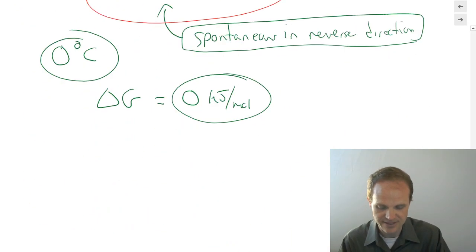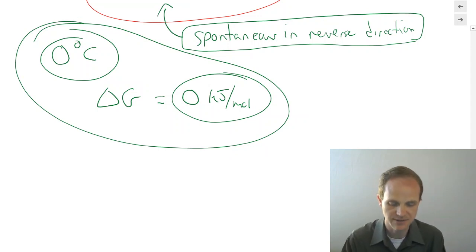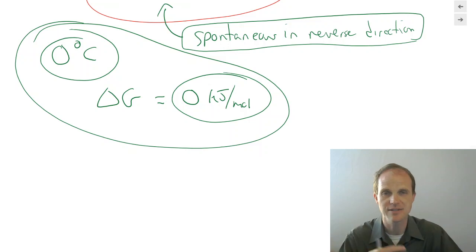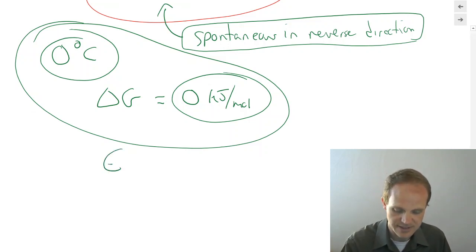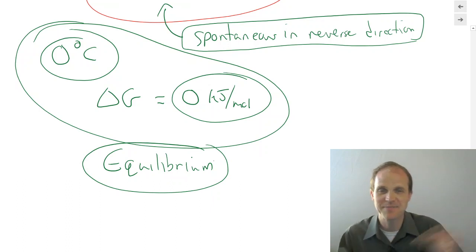What about this 0 degrees Celsius? The 0 degrees Celsius and saying delta G is 0, what does that mean? Well, what happens to solid and liquid at 0 degrees Celsius? Nothing, right? They're actually at equilibrium. And so this tells us a little bit about equilibrium. Ooh, we're relating thermodynamics back to equilibrium.